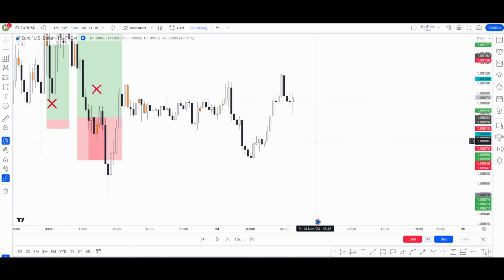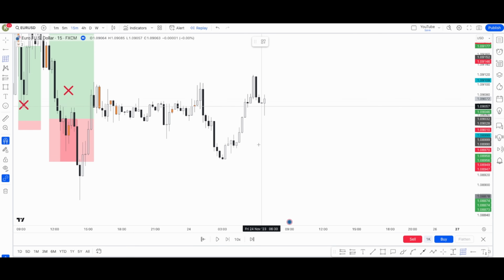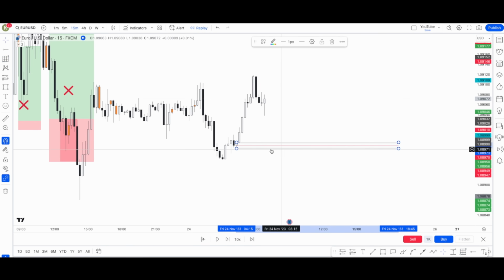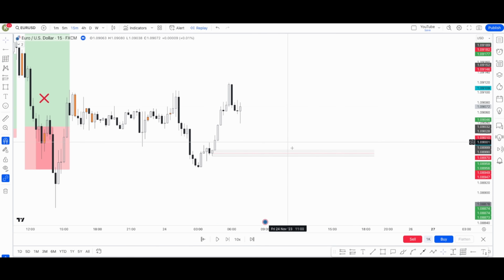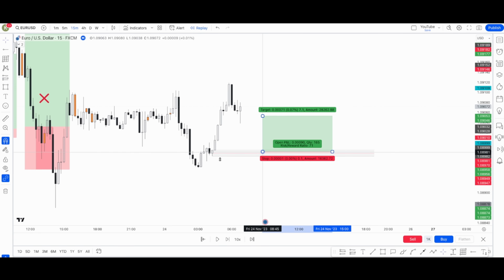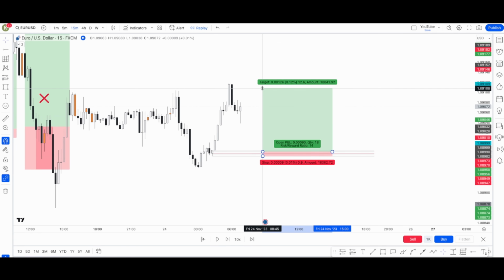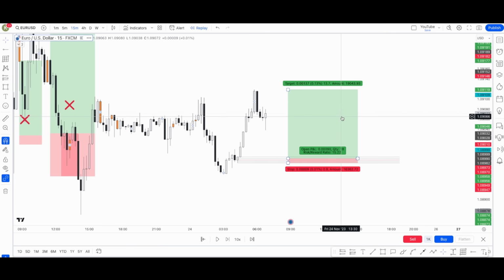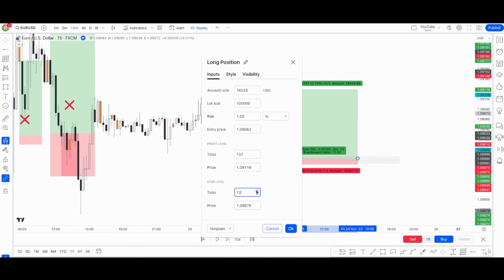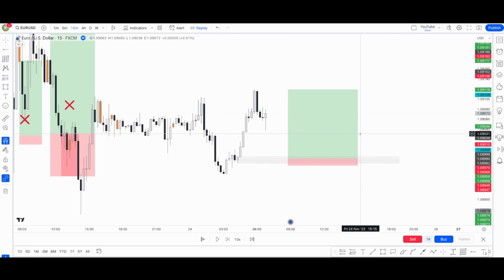Oh, that's a risk in it. That's a risk. Look at that, 15. Oh, it won't be 15, will it? 10R.